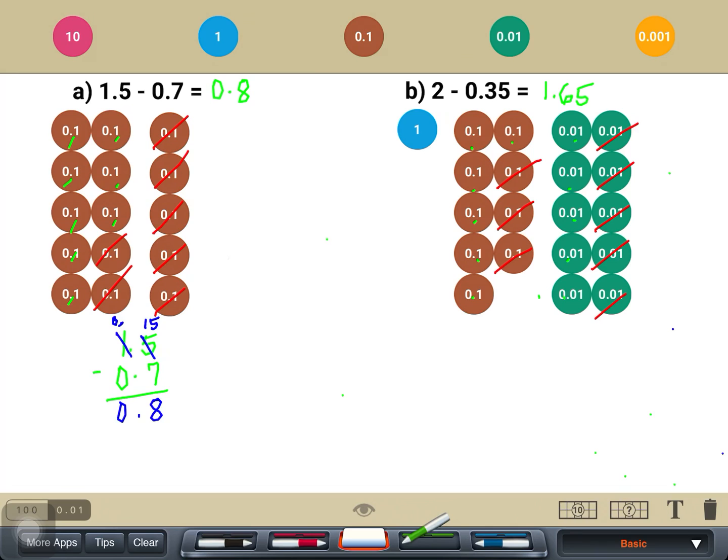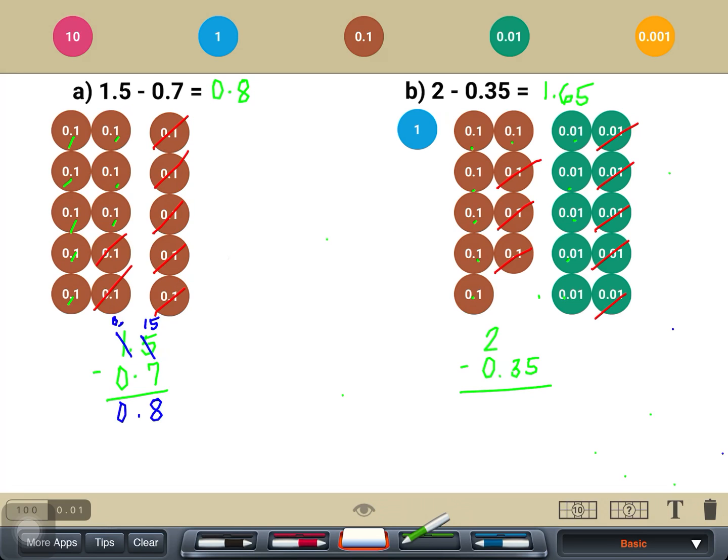Okay, and so if you want to solve it using arithmetic, just make sure that you will align the place values. We have here 2 ones minus 35 hundredths. So ones would be 0, and then 3 tenths, and then 5 hundredths.